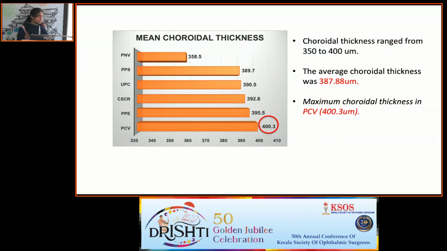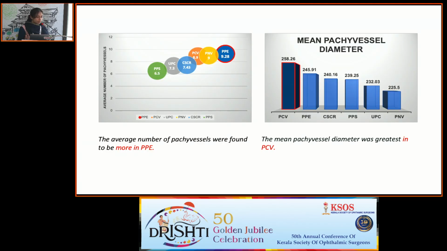The choroidal thickness ranged from 350 to 400 micrometers, with an average of 387.88 micrometers, and the maximum choroidal thickness was observed in polypoidal choroidal vasculopathy, followed by pigment epitheliopathy and central serous chorioretinopathy. On evaluation of the choroidal vascular morphology, we observed that the average number of pachyvessels was more in the pigment epitheliopathy, followed by pachychoroid neovasculopathy and polypoidal choroidal vasculopathy.